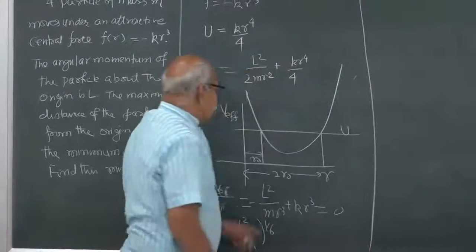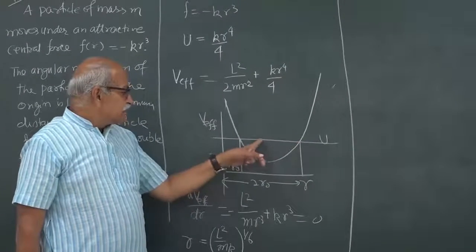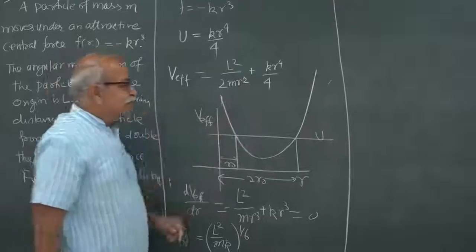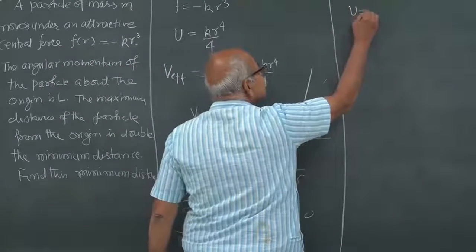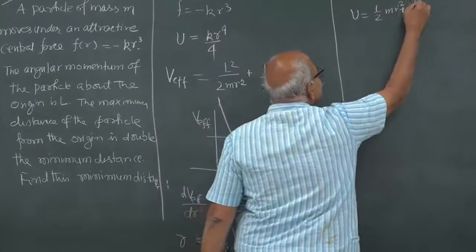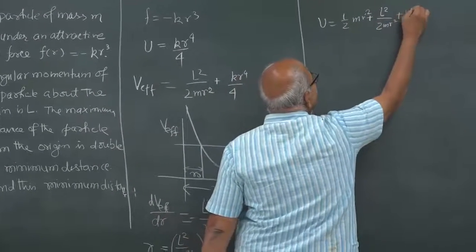At this point, and at this point, the total energy is the same as the effective potential energy. That is why half m r dot square is 0. Total energy is half m r dot square plus L square by 2 m r square plus u of r.